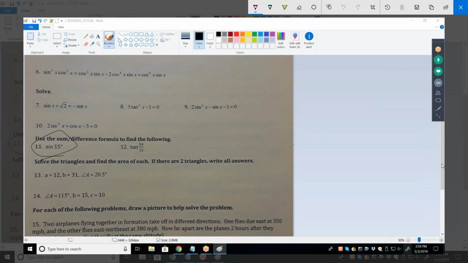So we can't use our two basic, 30-60-90 and 45-45-90 triangles to solve this problem. But what we can use is our half angle formula. In other words, the sine of 15 is the same as the sine of 30 over 2, right?